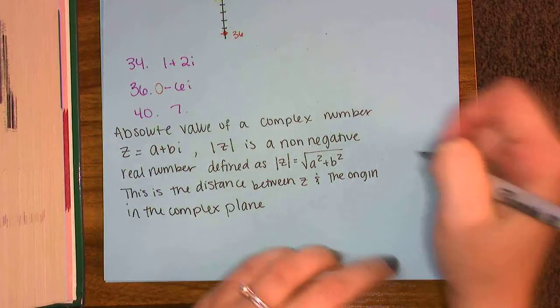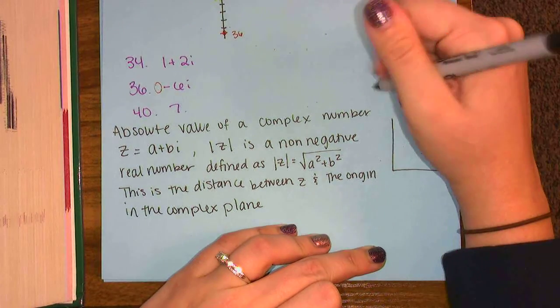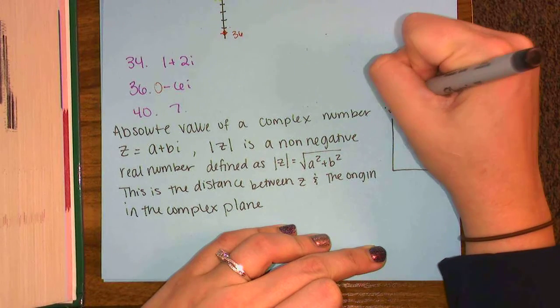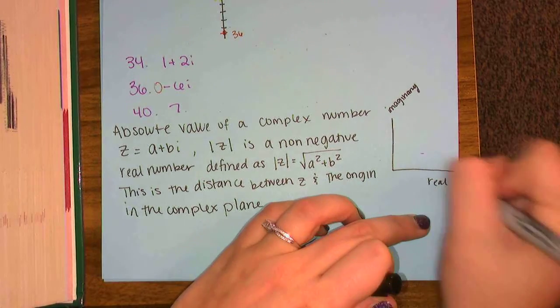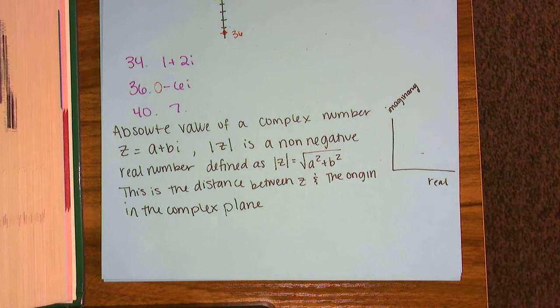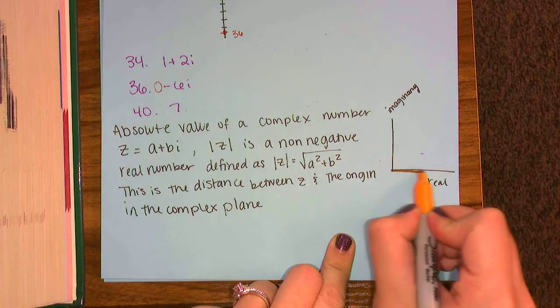So over here I'm going to draw just quadrant 1. This is my imaginary axis. Down here is my real axis. I'm going to try to use some colors here so we can hopefully see. My real value, a, from the a plus bi, is here.